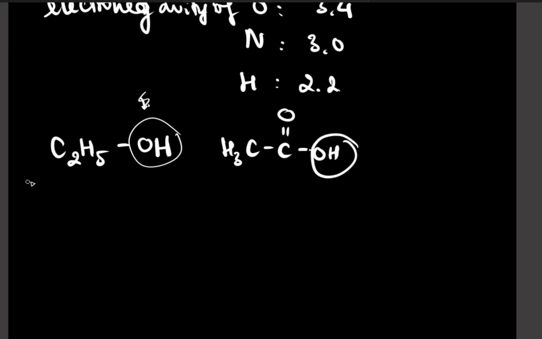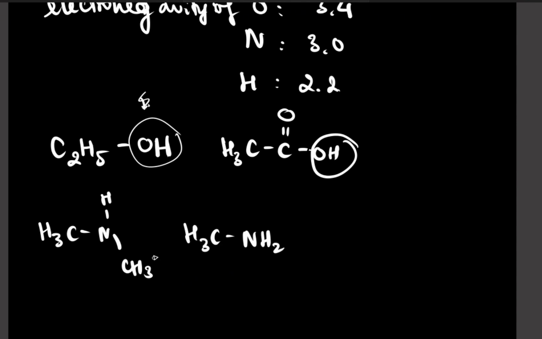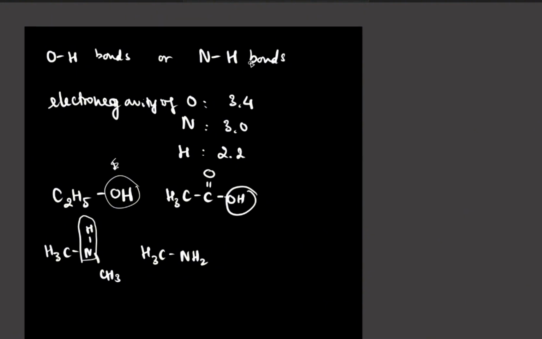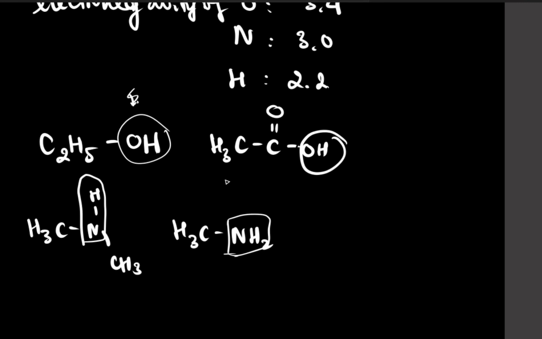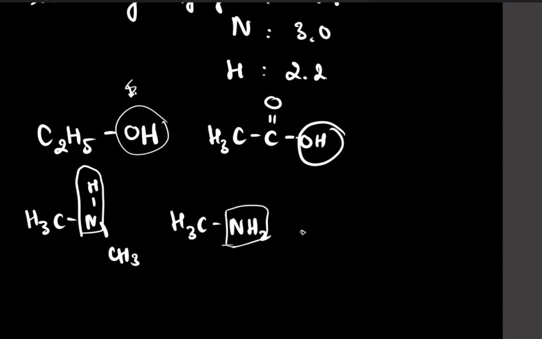For amines, such as this one, or this one, as you can see here, you can see a nitrogen and hydrogen bond here, and in here too, right? Those bonds fall right into this category. So yeah, it also satisfies our criteria, and they will have hydrogen bonding as well.